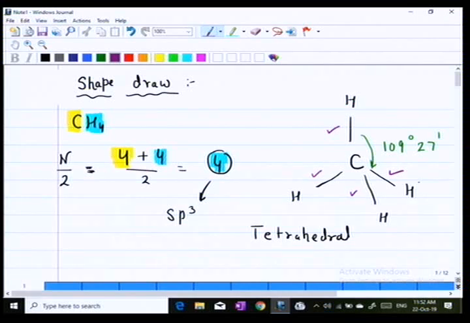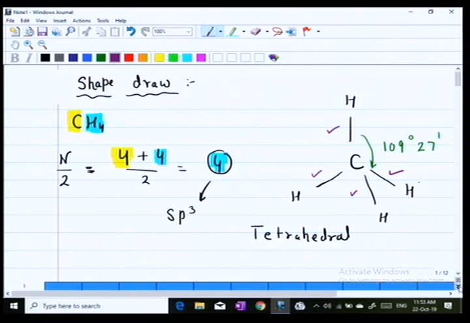You can place them randomly anywhere because it won't affect the geometry. Ultimately, in the absence of a lone pair, all the bonds are at equal distance and equal bond angle. The bond angle is 109 degrees 28 minutes for every bond.